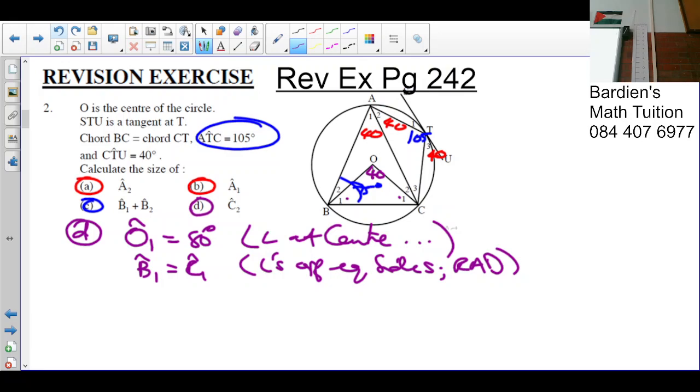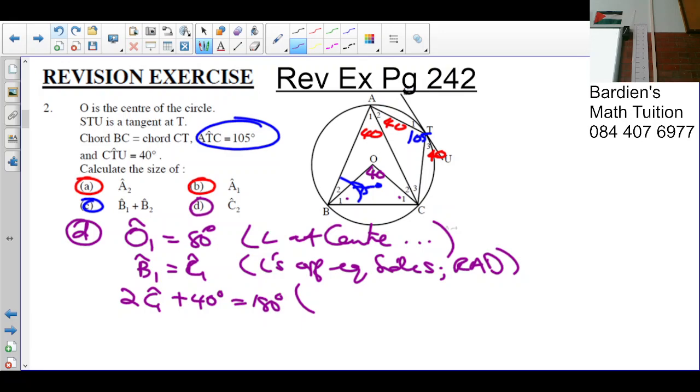I'm interested in C1. I could have named B1 and come back and say it's equal to C1, but I actually need C1. So B1 plus angle C1 plus 80 equals 180. But we know that C1 and B1 are the same. So 2C1 plus 80 is equal to 180.